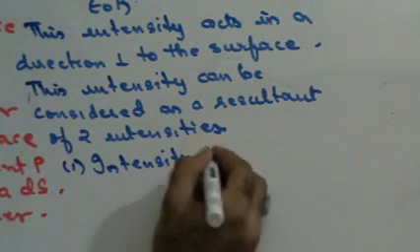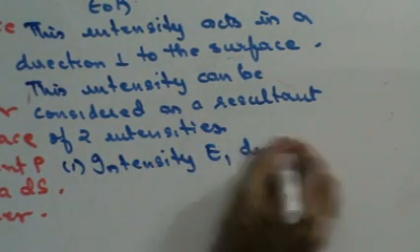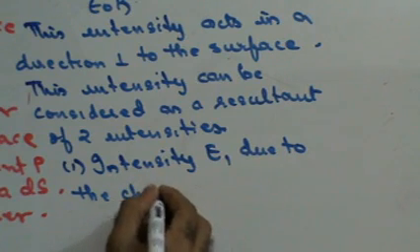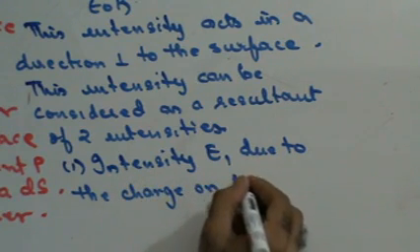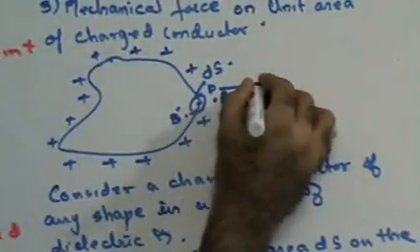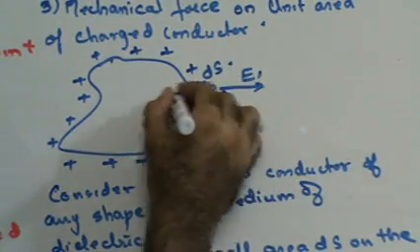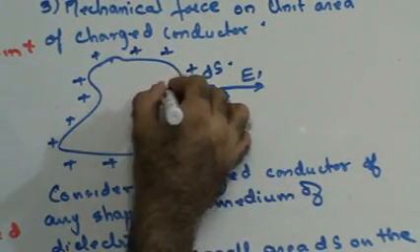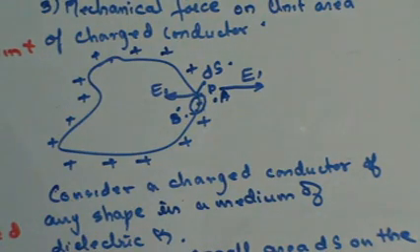Right? So, E1 due to the charge on ds, now this is a three-dimensional point, so this will exert a force E1 outside and E1 inside. If I have just a point, obviously the point is going to exert a force in both directions. So that area ds is going to exert a force outwards as well as inward.